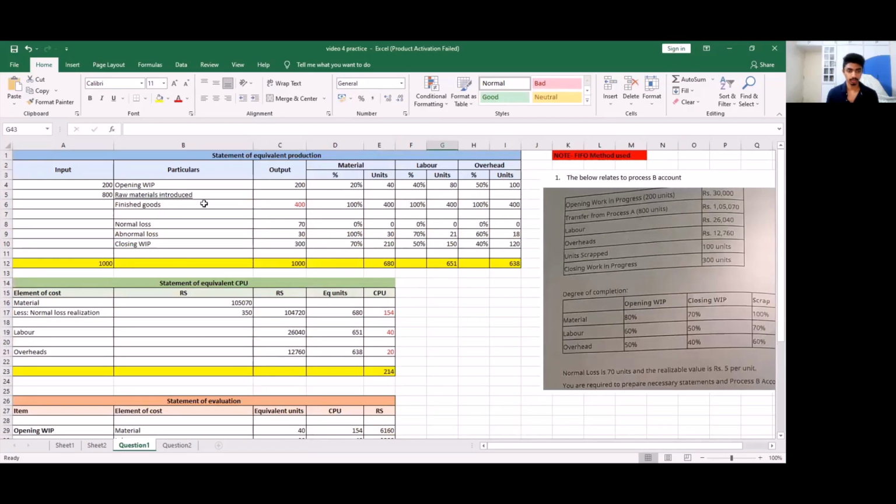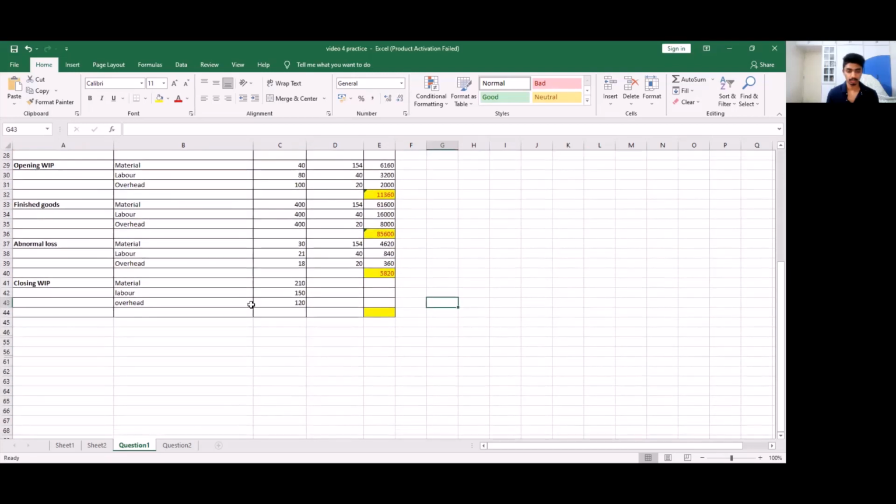So closing work in progress is right here. Units for material, 210. Units for labor, 150. Units for overhead, 120. Yep, we got them all right. Cost per unit will be 54, 40, and 20. And we do the same thing again.